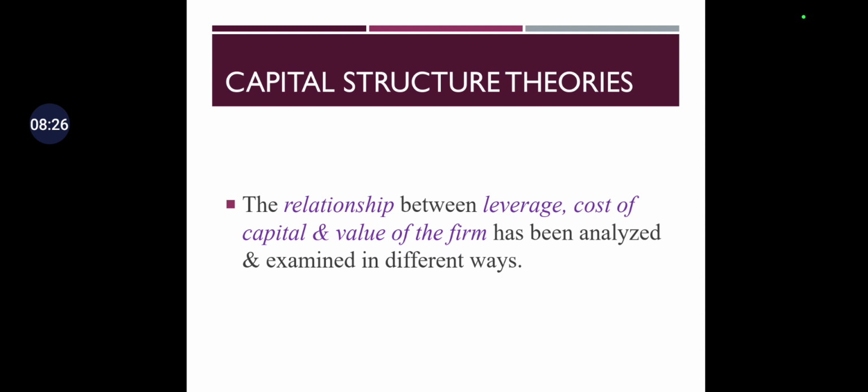And your main value of the firm. So these things can be analyzed and explained in different ways. There are four approaches in the capital structure theories. Those four approaches will be seen in the next video. I hope you all understood these capital structure assumptions and the relationship of these three items. Thank you all.